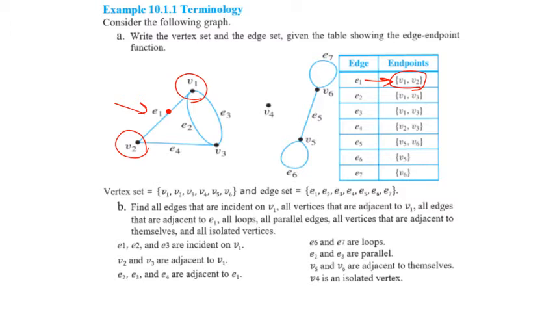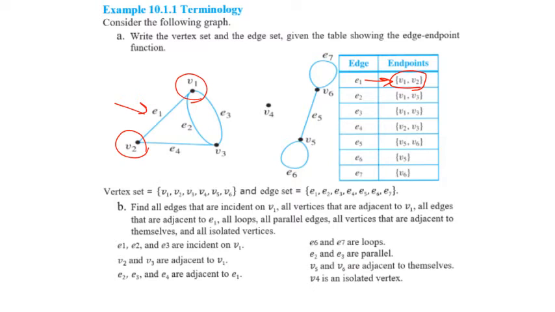The first one is E1, the second one is E2, the third one is E3. Then, all vertices that are adjacent to V1: a vertex is adjacent to another vertex if and only if they are connected with one edge. So V1 is connected to V3 and V2 using the edges E2 and E1 respectively.